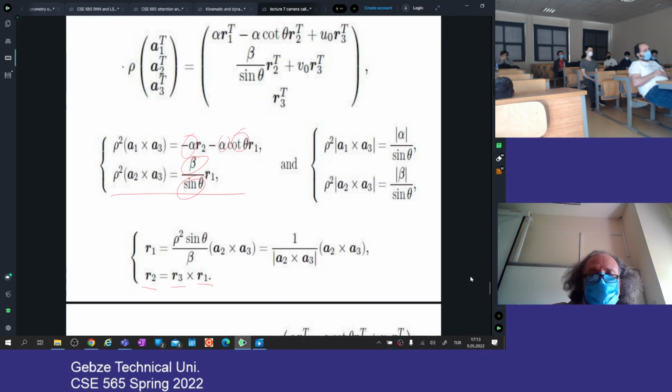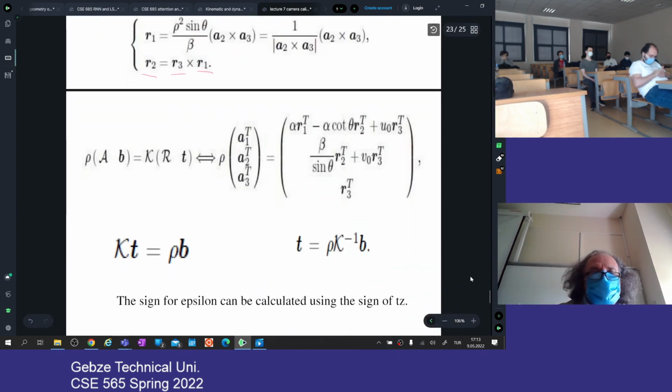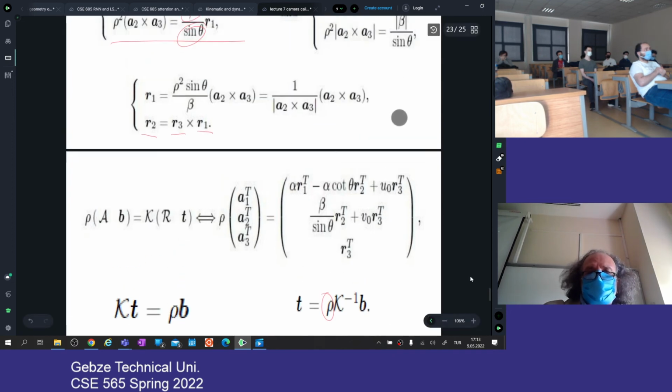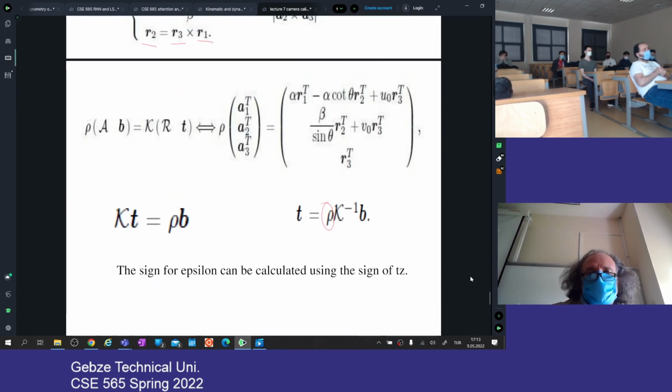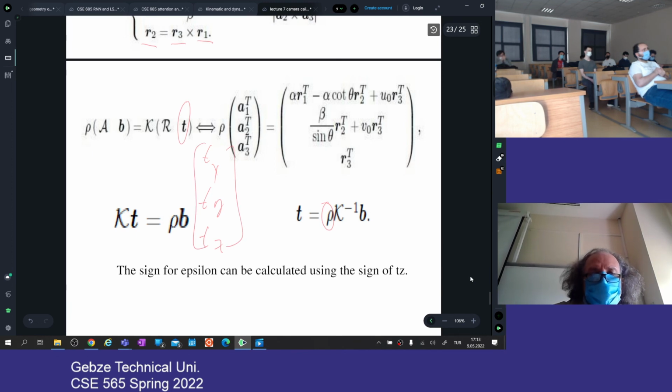But still, I didn't figure out the sign of this row value. For that one, we are going to use this trick. Remember this KRT equation set. For the T, I have Tx, Ty, and Tz vector at the end.